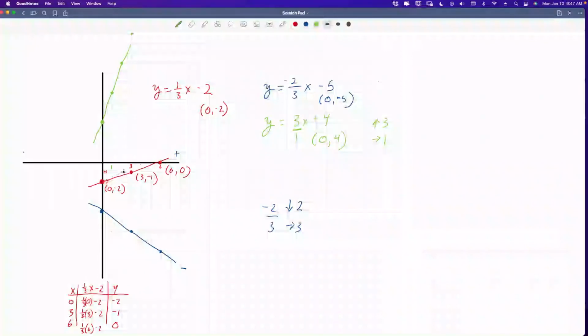This is a 1. This is a 2. This is 3. This is a 4, right? So know how to read your points. This is a 4, so 0, 4. You label your points. Then if you're going up 3, you're increasing the y value by 3. So this is going to be 1 and 7.